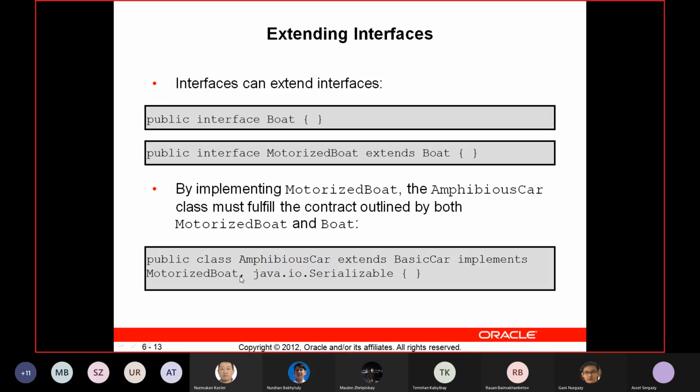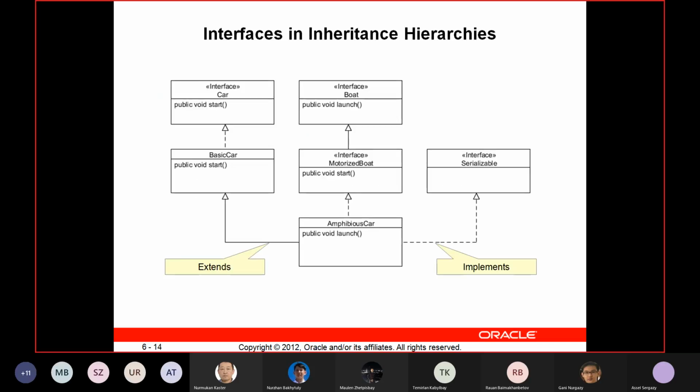But another thing is that, of course, for a class, you can implement many interfaces at the same time, or you can extend from one class. That's a typical way you use all the time.